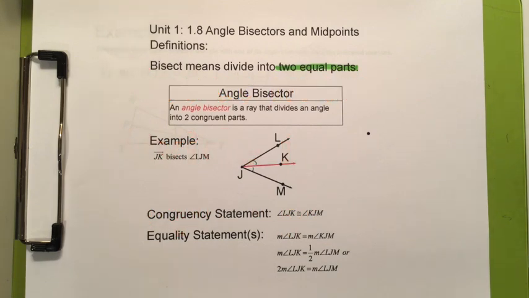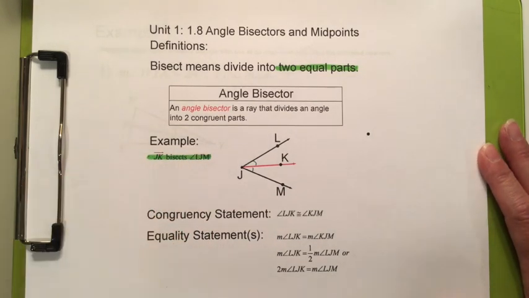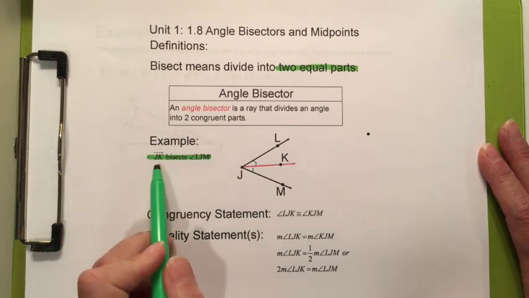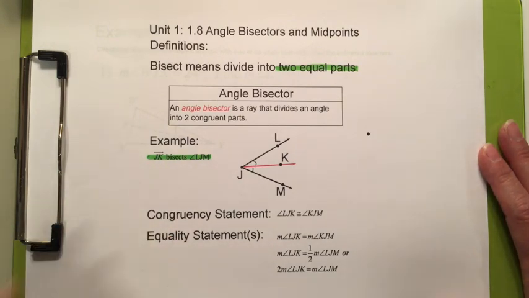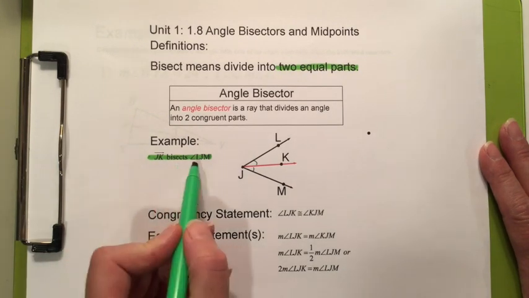So the first term that we're going to talk about is an angle bisector. An angle bisector is a ray that divides an angle into two congruent parts. In this example, you always want to read what you're given. We're given that ray JK, that's a one-sided arrow there, bisects angle LJM.